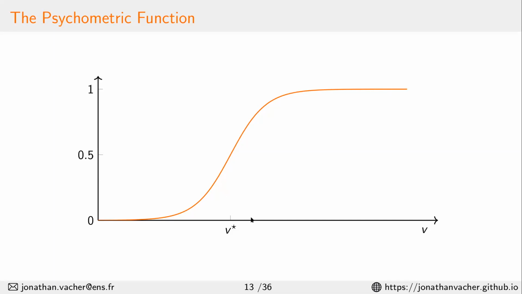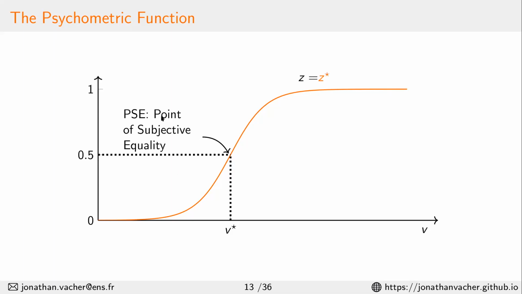And if you present a higher speed, you will likely respond that it's faster. So you have a psychometric function that goes from 0 to 1 like this. And at 0.5, which means when you present the two stimuli that have the same speed, normally you answer randomly. Half of the time it's one, and half of the time it's the other. And so this is called the point of subjective equality.